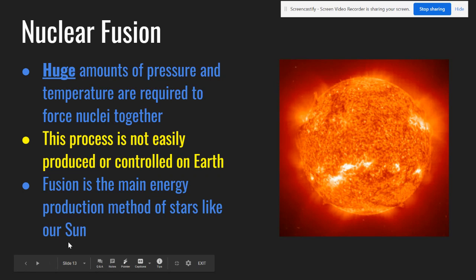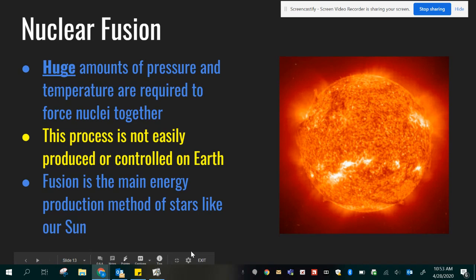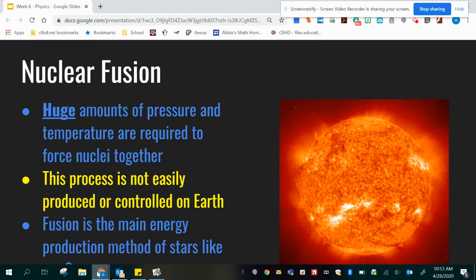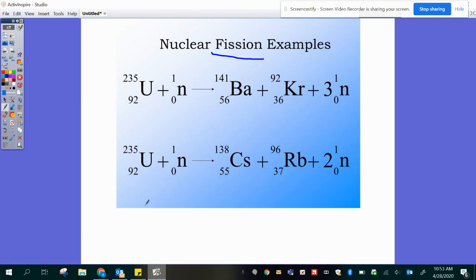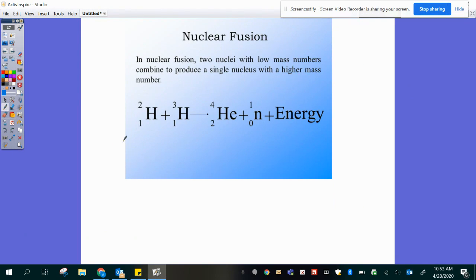We would have to compensate with generating really, really high temperature reactions, and we just can't get them hot enough to make this happen. So let's look at what a reaction would look like for fusion. So you can see here we've got these 2 nuclei. We get a helium atom out of it, a neutron, and then lots and lots of energy.